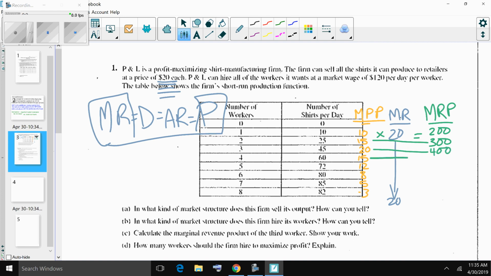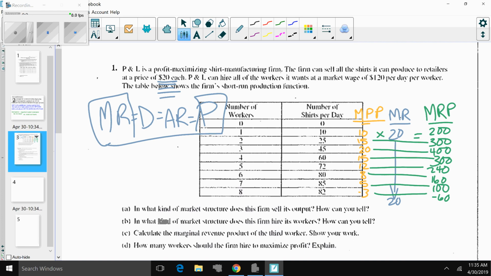I'm just drawing lines so I don't lose track of my rows. 300. 12 times 20 is 240. 8 times 20 is 160. 5 times 20 is 100. And this is going to be -60. Okay? All right. So now I have my MRP.